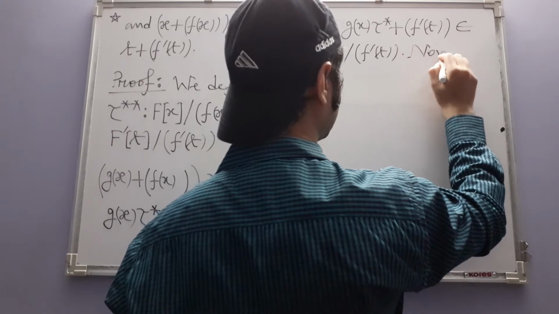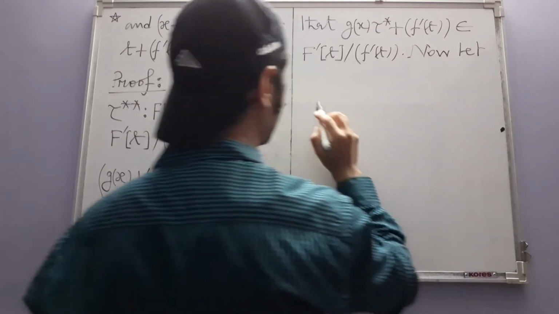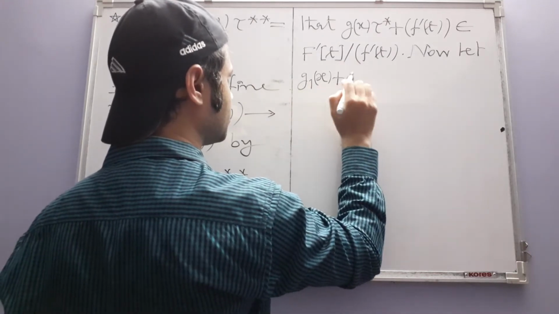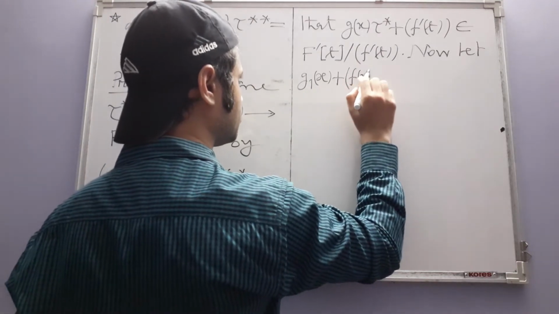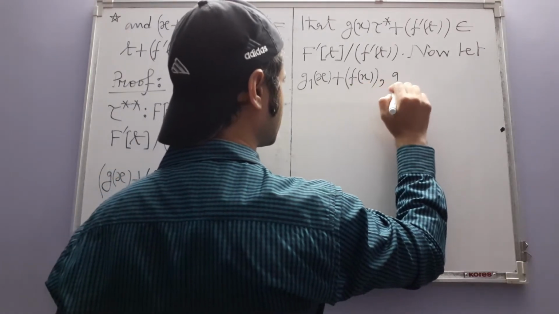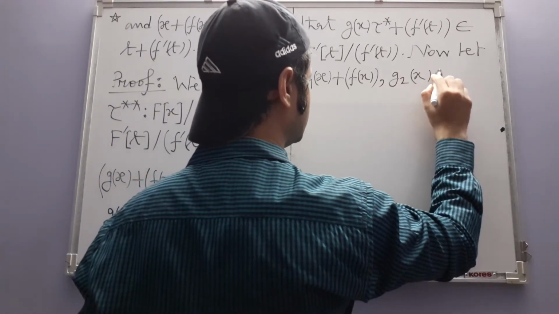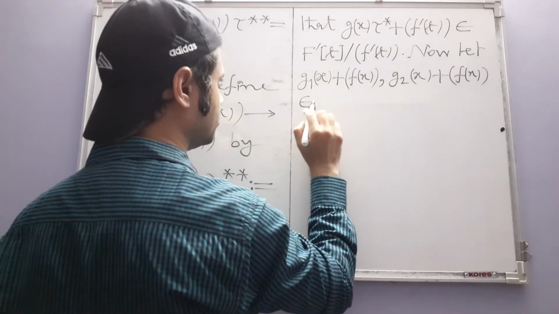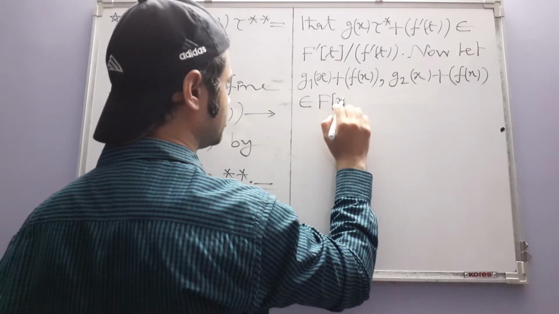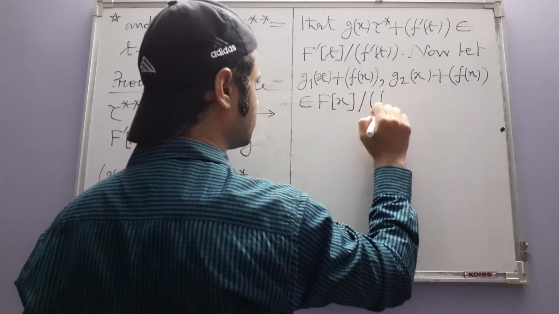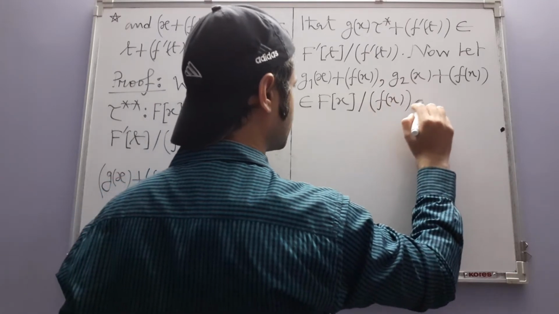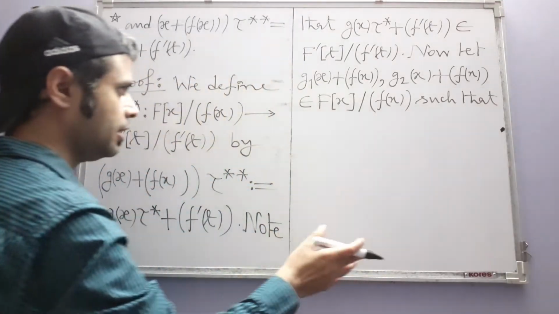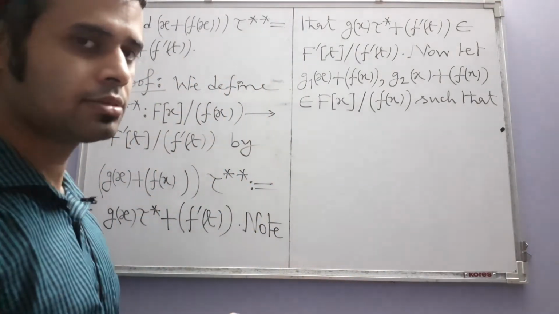Now, let g1(x) plus (f(x)), g2(x) plus (f(x)) belong to the domain quotient ring such that they are equal, that is, two equal inputs should give us equal outputs.